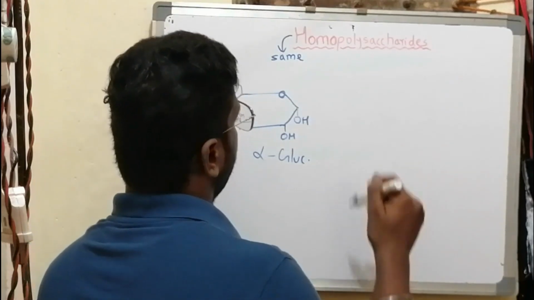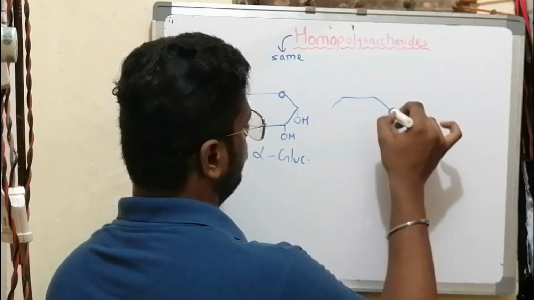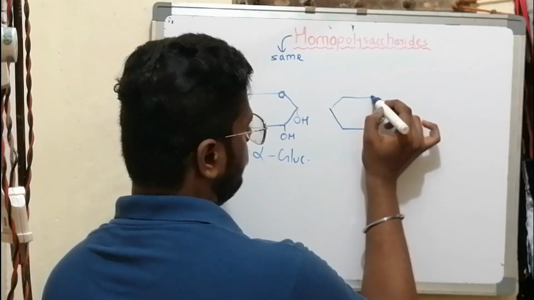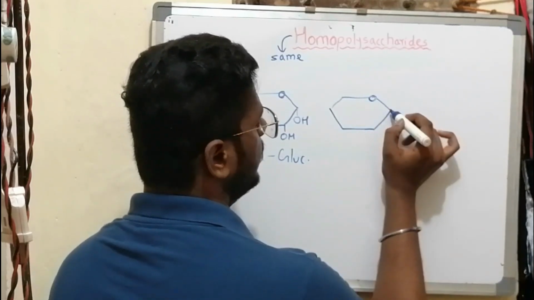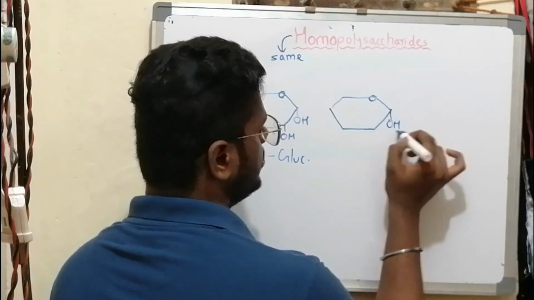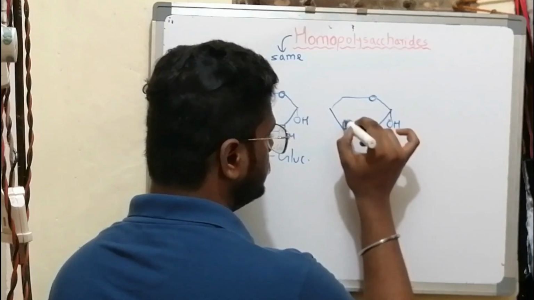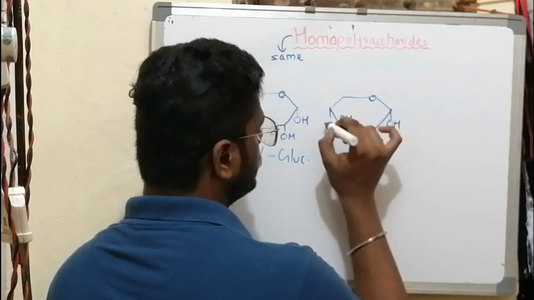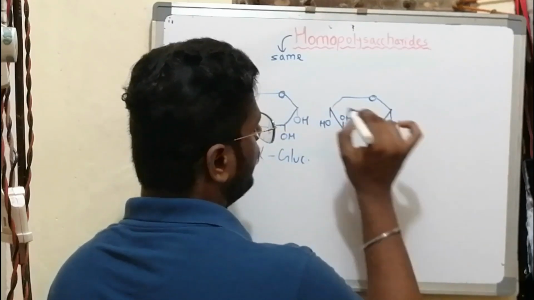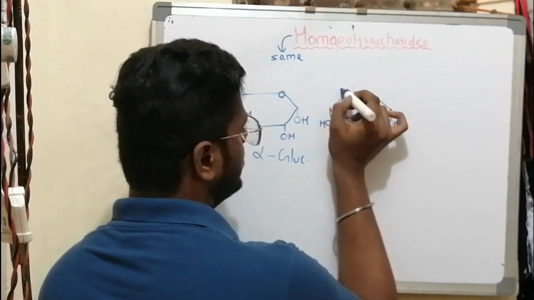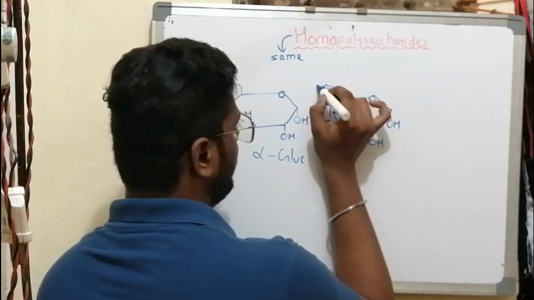Let's draw one more glucose. So first a hexagon and then put the O here, and everywhere else the OH will be downwards except at the third position. The 5th carbon doesn't have any OH, rather it has a tailing of the 6th carbon which is also having an OH.